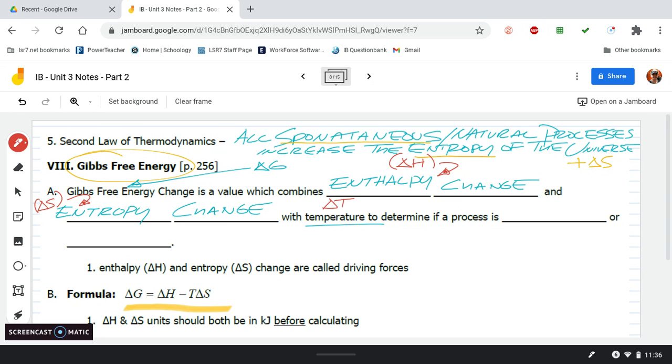And so if you can do the math, you can figure this out. So they're going to determine if a process is spontaneous or non-spontaneous, I guess, if you want.